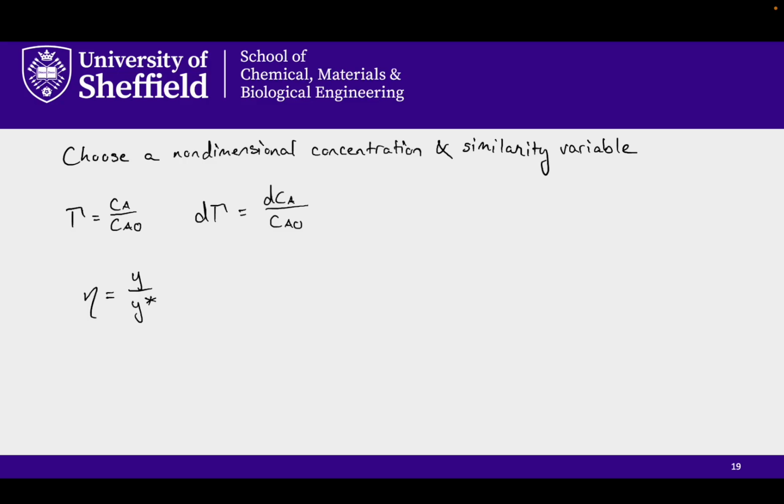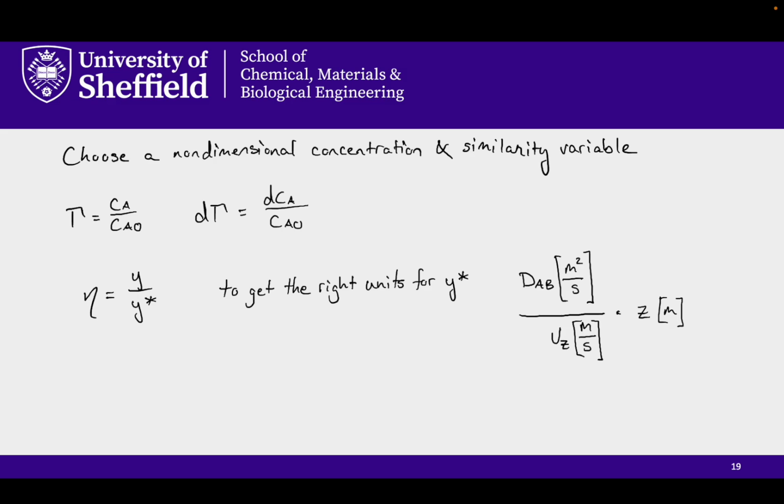And from previous experience, we know that we're going to want to incorporate the variables that we have in the problem, like the diffusivity. So in order to get the right units, we write the diffusivity over the velocity in the z direction, and then we have to multiply that by z because we need to incorporate the z variable into our similarity variable because it has to have both a y and a z to be valid.